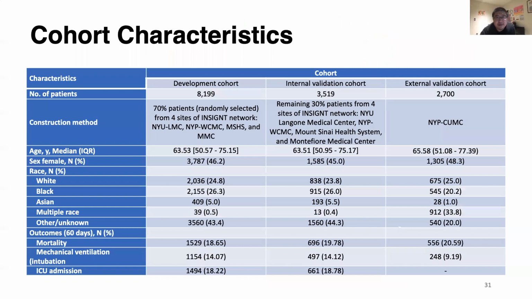And this is actually the characteristics of the cohorts we have included in our study. So as we said, we have a development cohort including about 8,200 patients. We have an internal validation cohort that includes about 3,500 patients, and the external validation cohort including 2,700 patients, and these are the distributions of those three cohorts, including demographics and the outcomes.